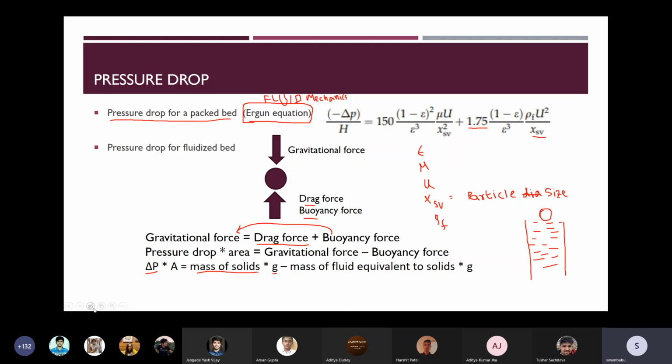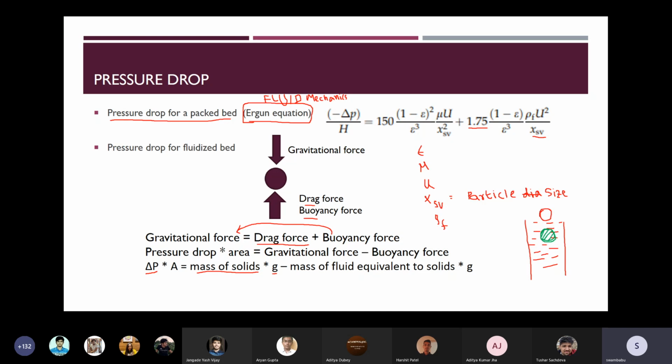When the steel ball moves in the downward direction, what it does is, the steel ball replaces the fluid, right? As the steel ball moves, wherever it is moving, the steel ball replaces the fluid.